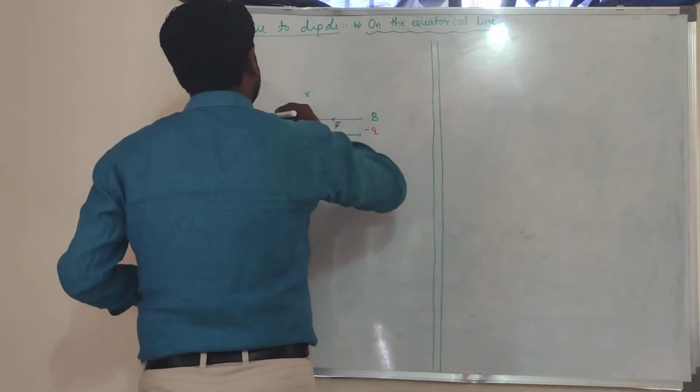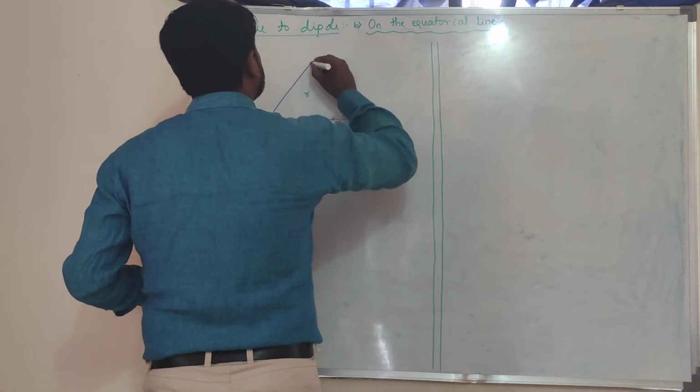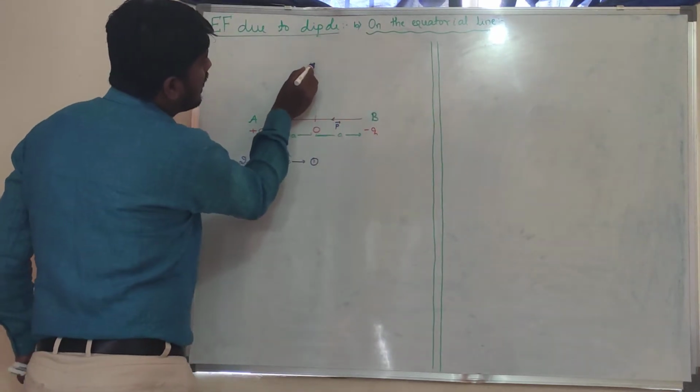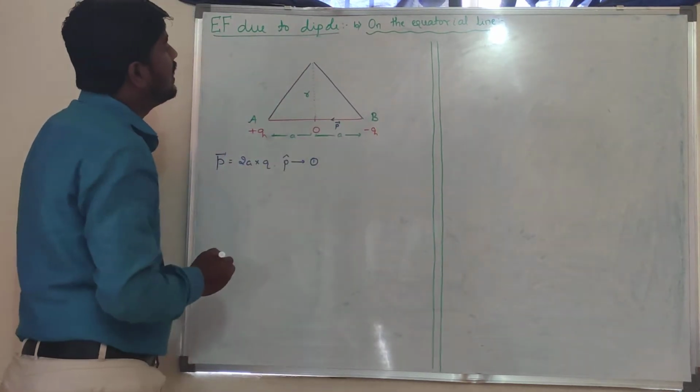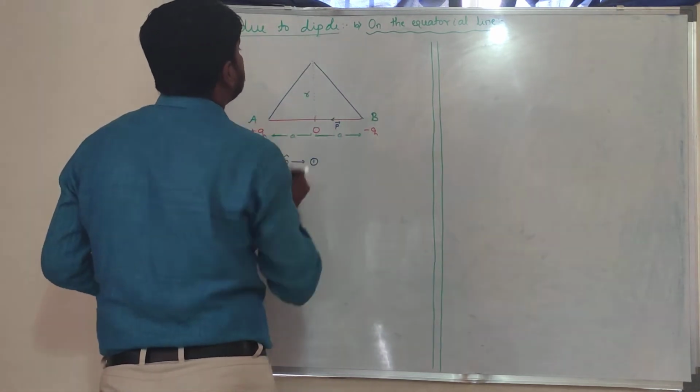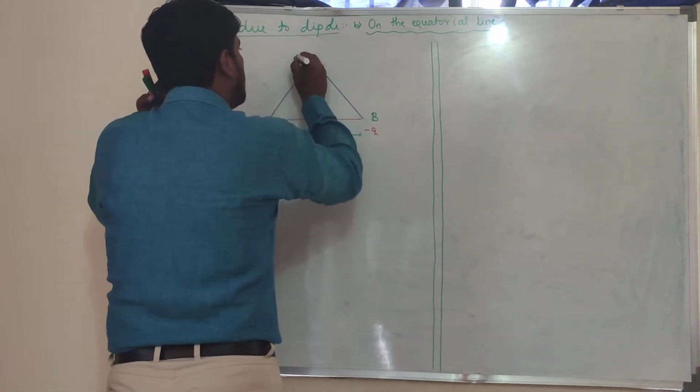If I join AP and BP, I get this is AP and this is BP. Then point P is here.